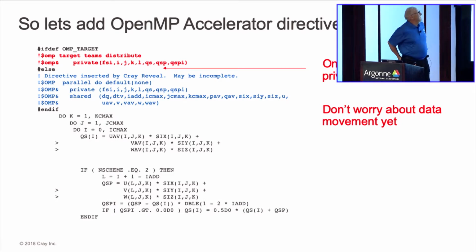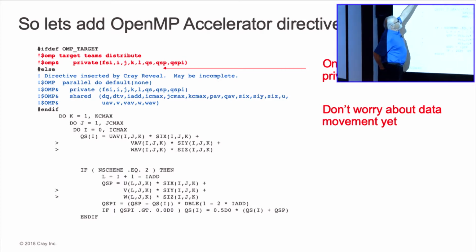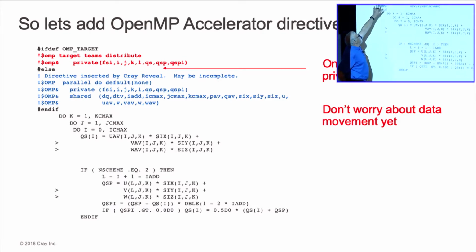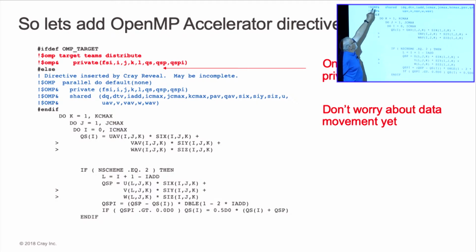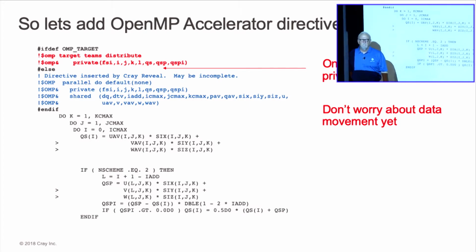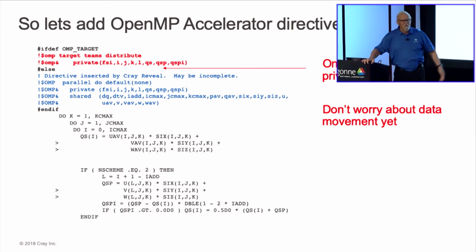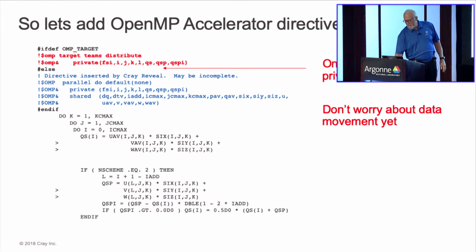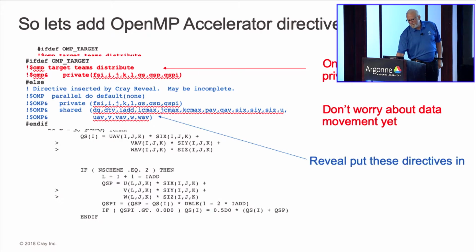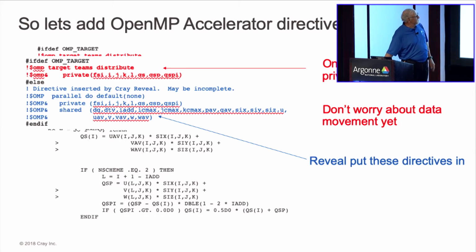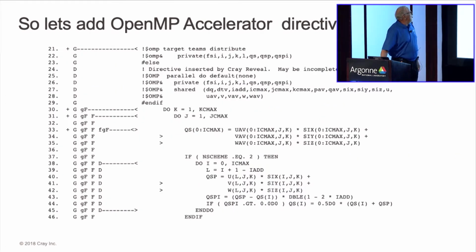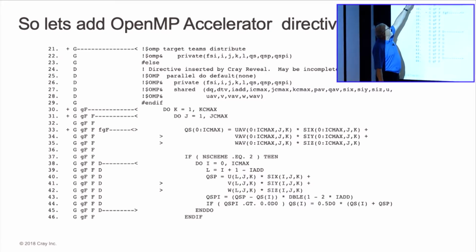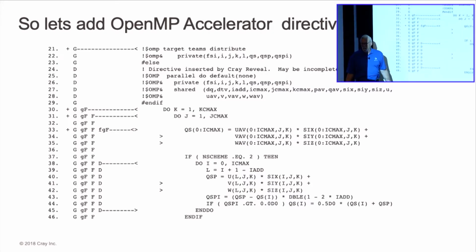So, all we have to do is change that to OMP target teams distribute and just put the private on. Forget about data motion for the time being. Okay? So we do that. Remember, Reveal helped us with that, so we're just using Reveal stuff. Now, the capital G is a GPU kernel.